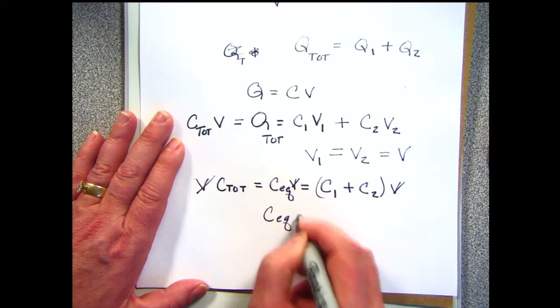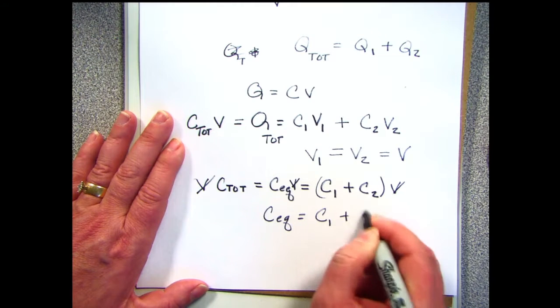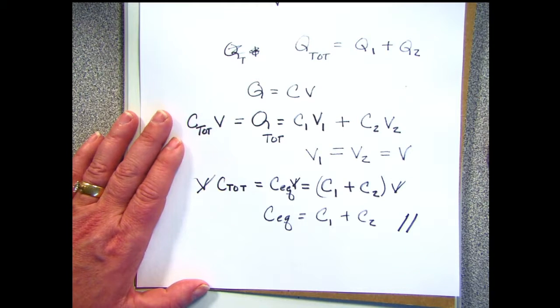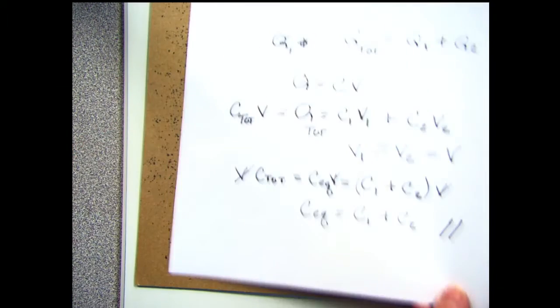When they're in parallel, we're going to find that this gets a little confusing when we throw in resistors. But my equivalent capacitance for when I'm in parallel, I just add them up. So if I have a system that looks like this, here's my battery.